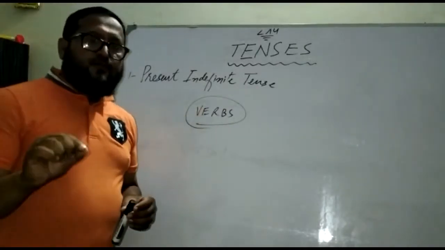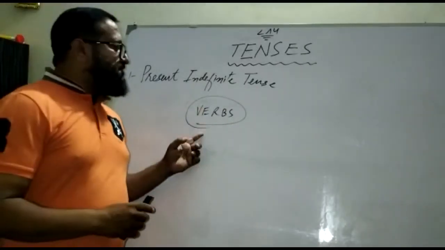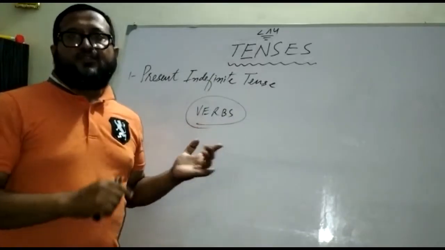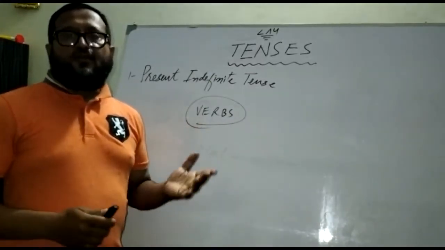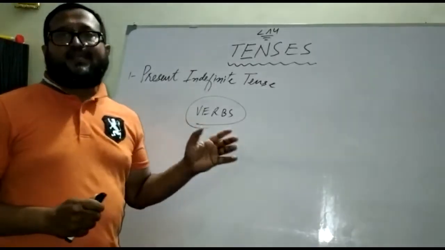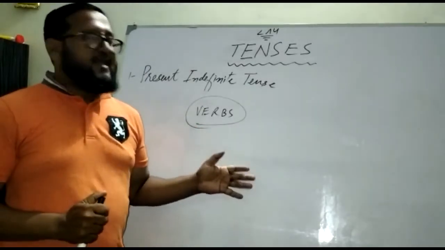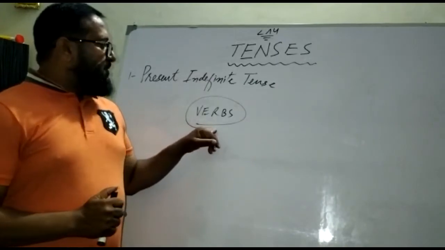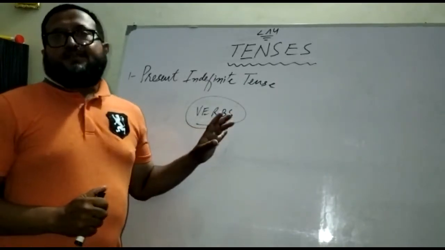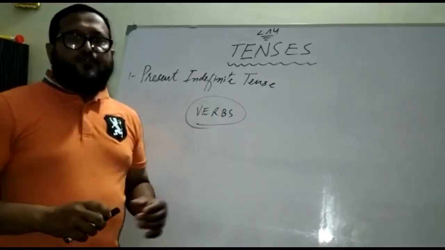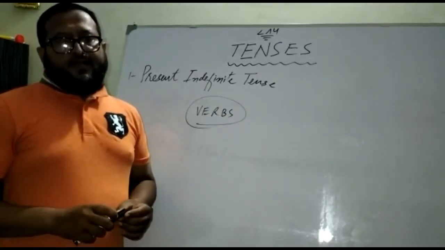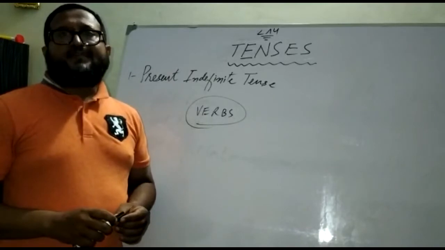You must remember, only the verb divides the tenses, not subject, not object, not anything else. If you know about the verbs, what are the forms of verbs? First form of verb, second form of verb, third form of verb. These are the basic things.